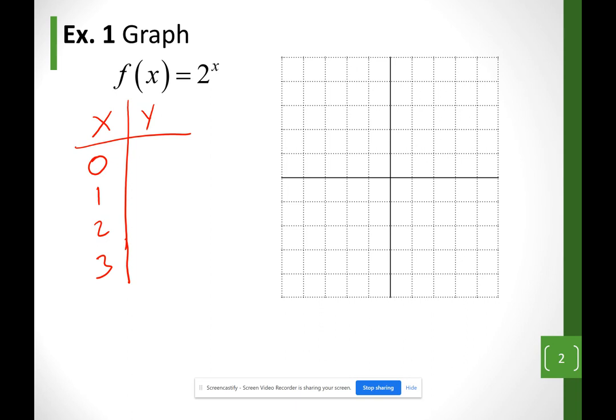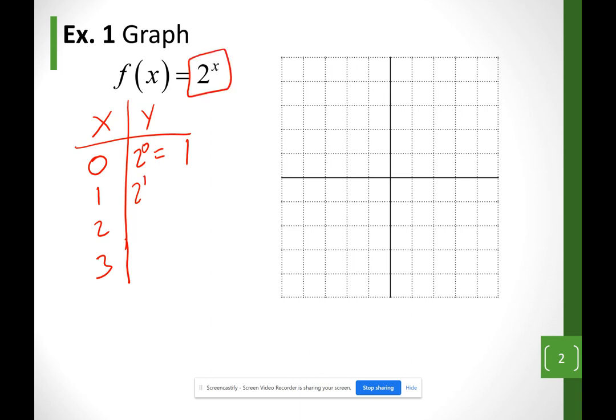Now, for my y value, I'm thinking 2 to the 0. Right, 2 to the 0, anything to the 0 power is 1. Now for my y value when x equals 1, I'm thinking 2 to the 1. If you notice, I'm looking at the function 2 to the x.